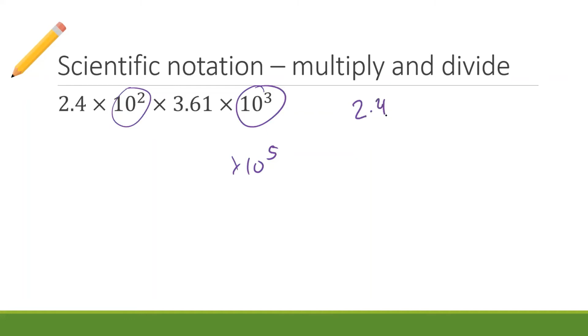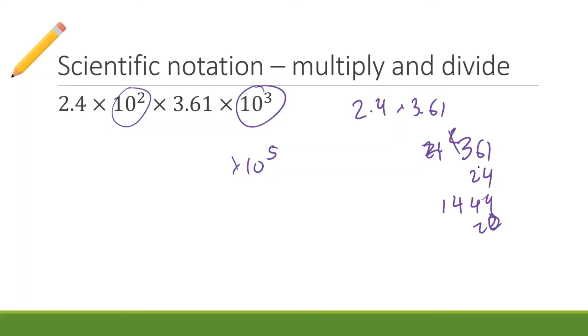Then you would have to do 2.4 times 3.61. You could do this manually. It's going to be a pain in the butt. 361 times 24. You multiply 4 times 6 is 24. 3 times 4 is 12, plus 2 is 14. You've got 4 times 1 is 4.